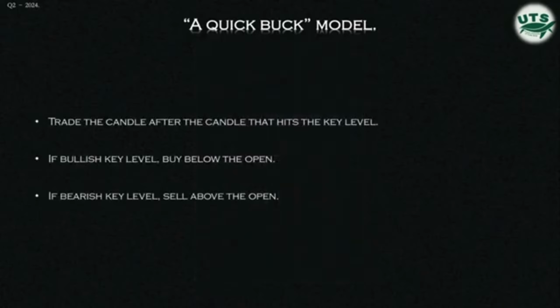This allows you also to confirm the key level because the structure on the lower time frame that you see on the candle hitting the key level will reveal the intention of the candle after that one. Right? As always, if it's a bullish key level, buy below the open of the next candle. If it's a bearish key level, then you simply open, sell, dump. Open, rally, sell, dump. Right?